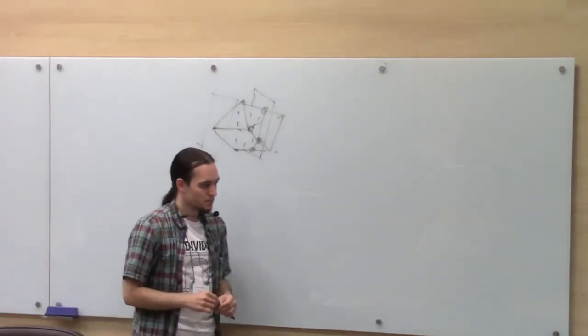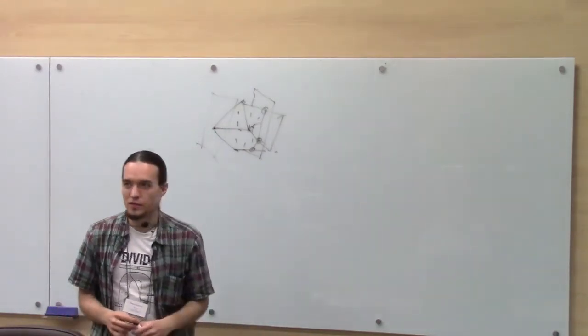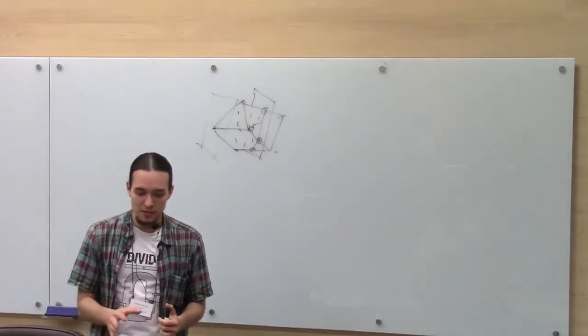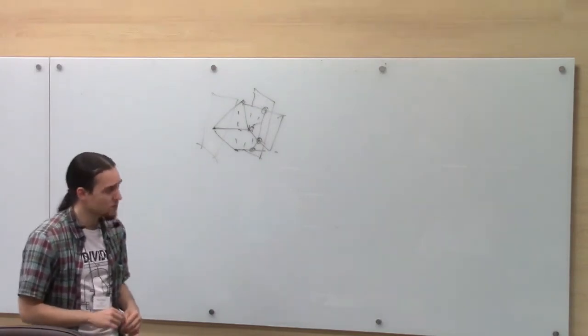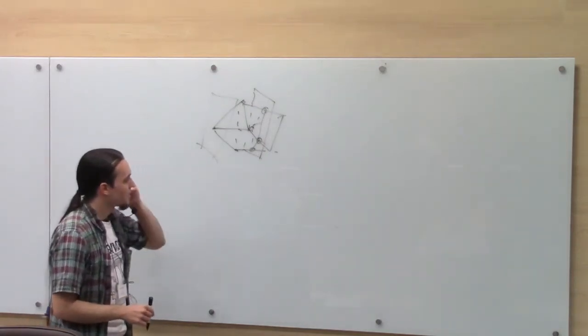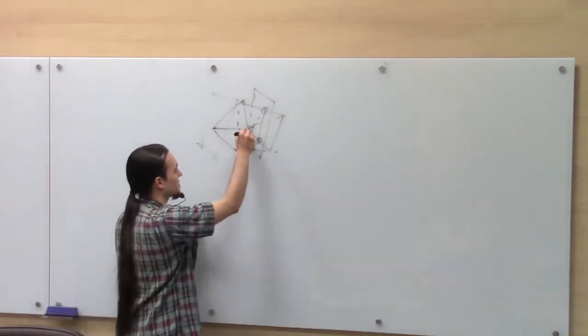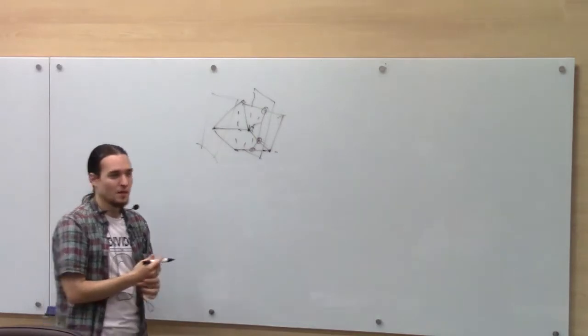But the thing is, we are only given the vertices, so we don't exactly have the edges. So we could try and go and reconstruct the edges, but there is a simpler way to do that, because an edge is a segment, right? Because it connects two vertices.